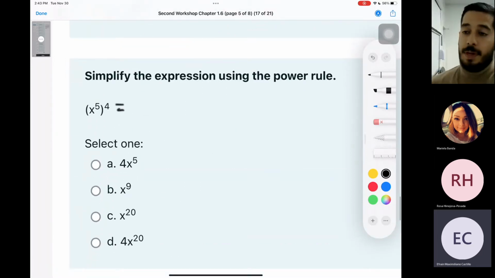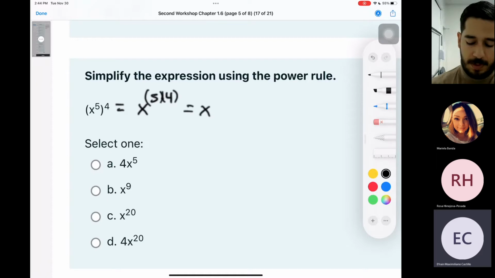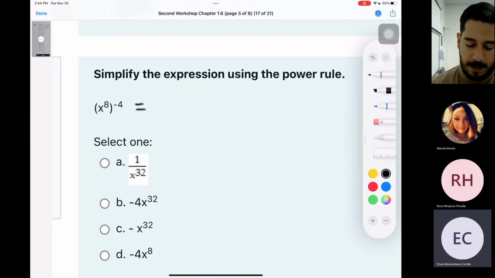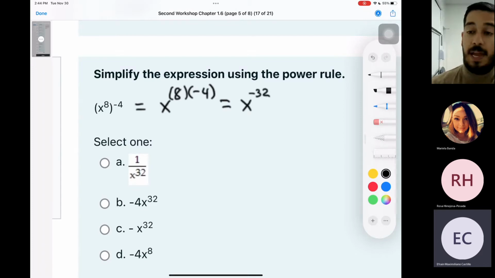Super simple. When you have two exponents together, multiply them. 5 times 4, that's x to the power of 20. Two exponents together means multiplication. -4 times 8, that's going to be -32. And if you end up with a negative exponent, you send it to the other side of the fraction. It becomes a positive exponent.